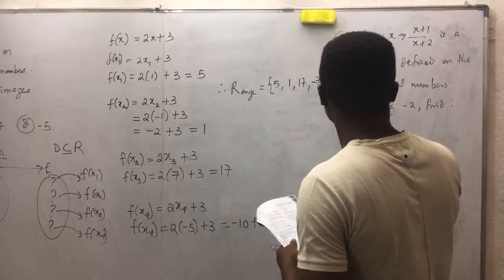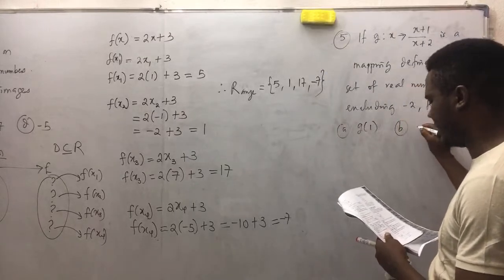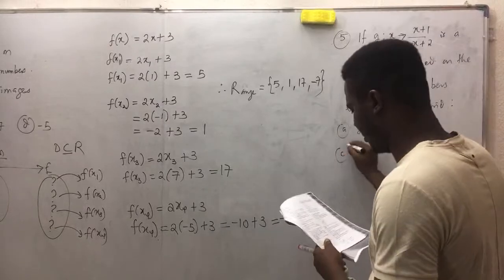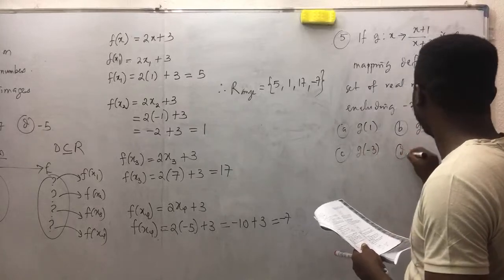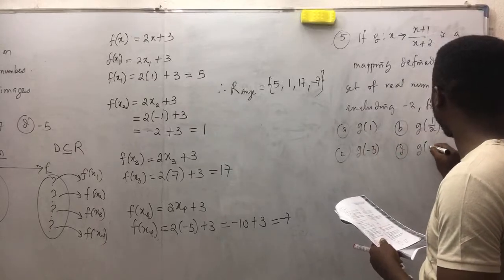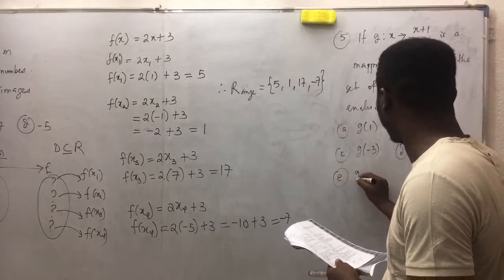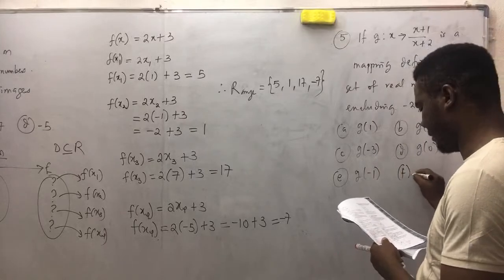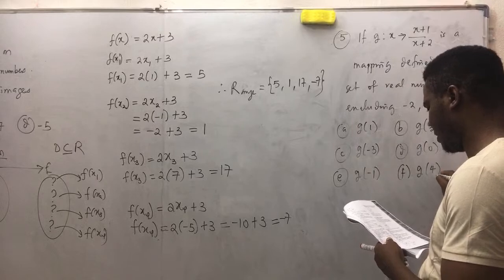A, g of 1. B, find g of 1 over 2. C, find g of minus 3. D, find g of 0. E, find g of minus 1. F, find g of 4.